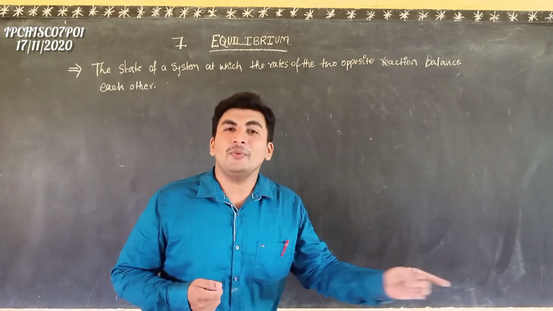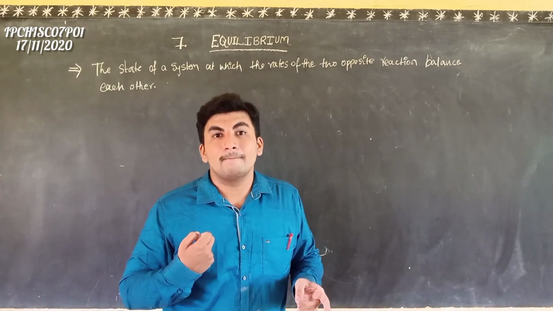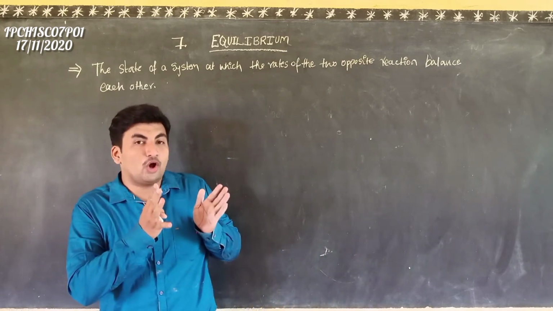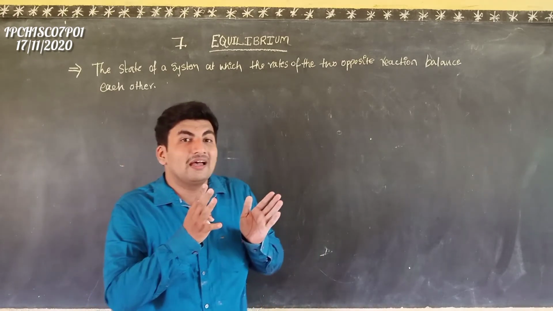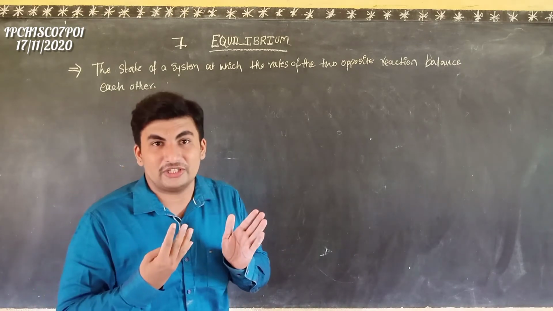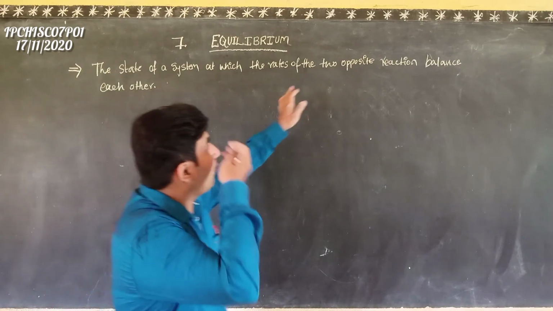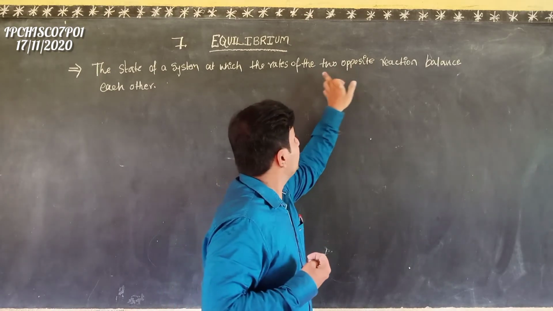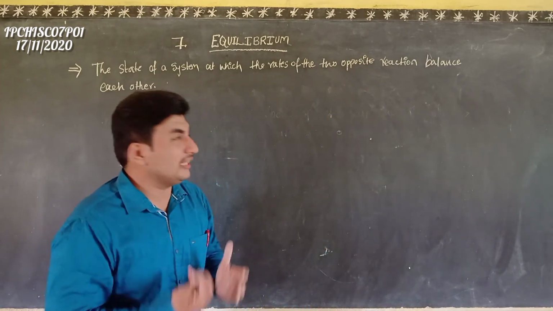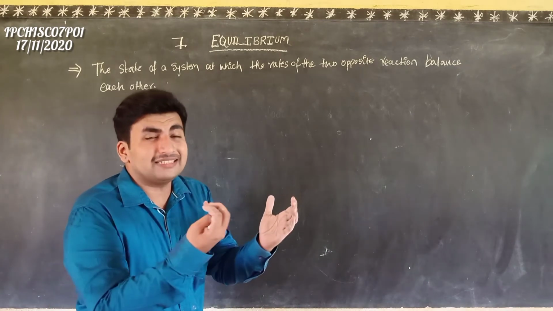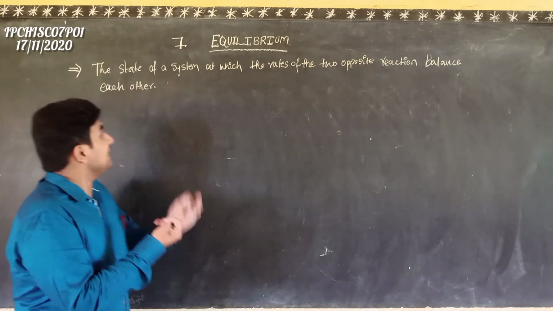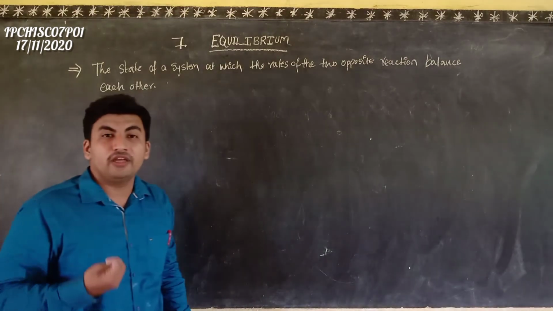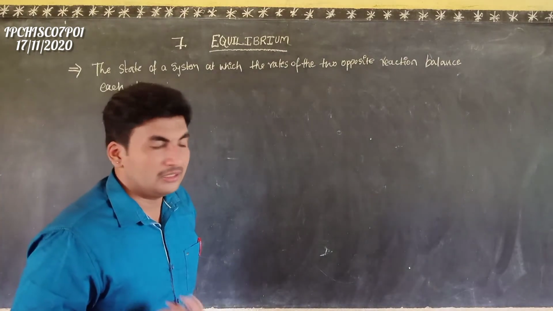One is the forward reaction and the other is the backward reaction. So equilibrium is observed only in a reversible reaction, right? Because forward and backward reactions are required. So the two opposite reactions balance each other. This is the definition of equilibrium.